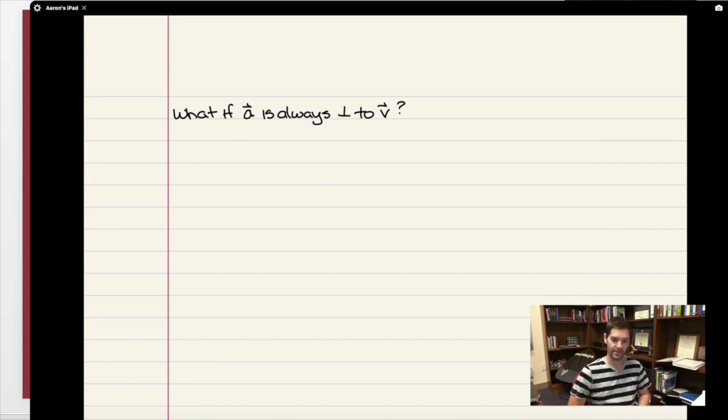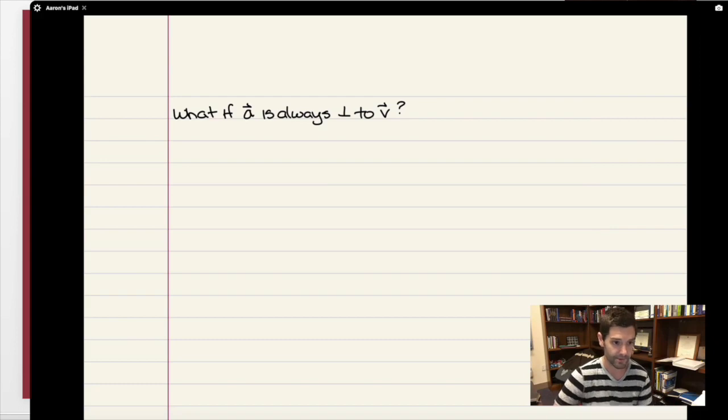We just talked about how perpendicular components don't change magnitude. So in this case, the velocity vector should not be getting larger or shorter. But perpendicular components do change direction. So this might be a case where the velocity is continually changing direction.